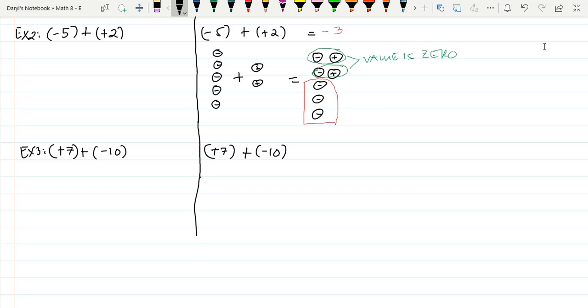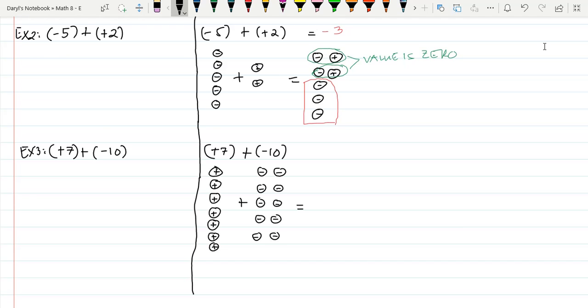To represent this as chips, I have 7 positive chips, 1, 2, 3, 4, 5, 6, and 7, added with 10 negative chips, 1 through 10. Combining the two, in total you have 7 positive chips and 10 negative chips.